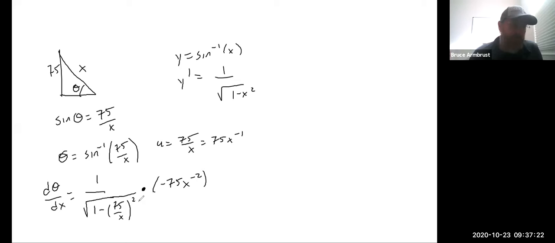Now to finish this question off, I don't remember which length it said, but it was like, figure this out when x is equal to 150 or something like that. Oh, 151. Thanks, Leah. We would just plug that number in and see what we get. I don't really care what that number is, so I'll leave that for you. But basically, you would just plug that in and you'd find out how that angle is changing.